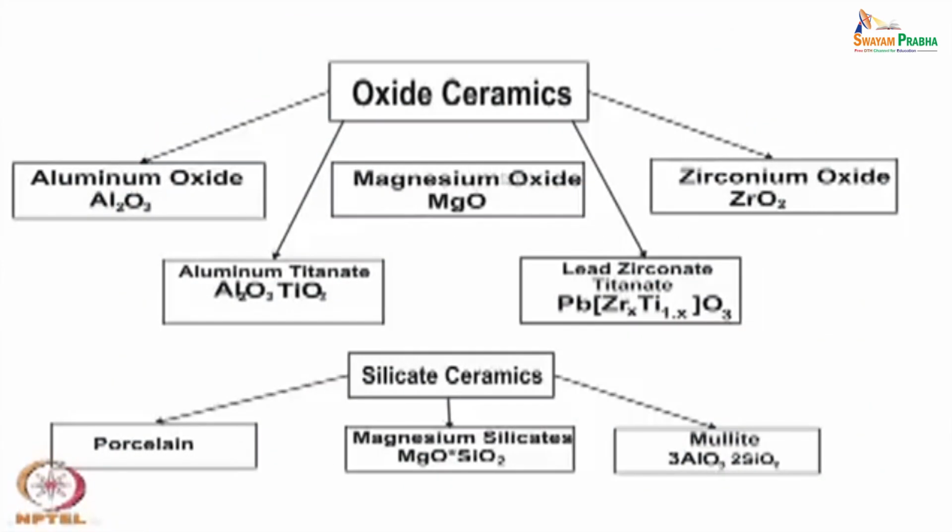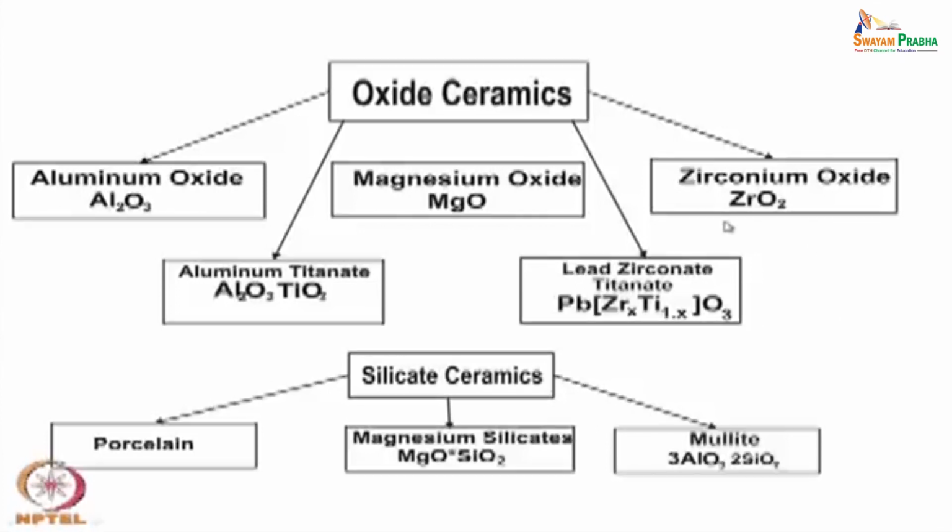Well, to start with the different classifications, as I mentioned earlier, there are oxides, carbides and nitrides, all of them grouped together under ceramics. Among the oxide ceramics, I am re-emphasizing that there are aluminum oxide, magnesium oxide and zirconium dioxide.